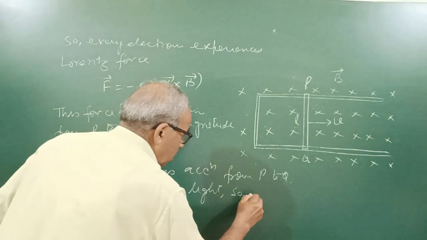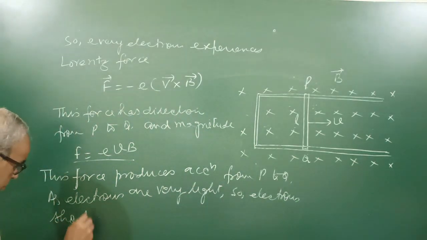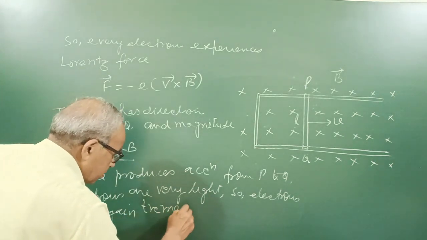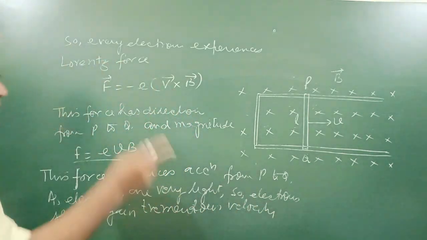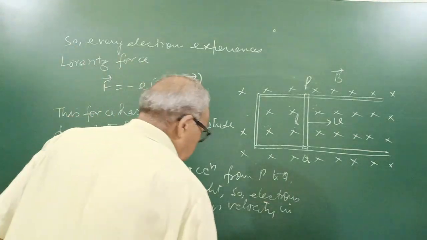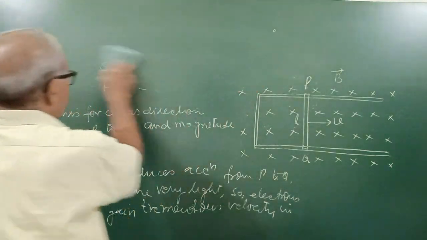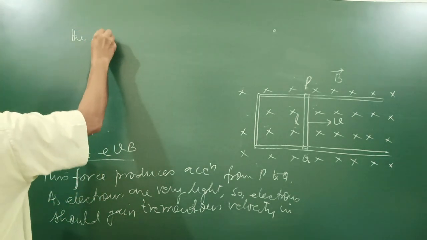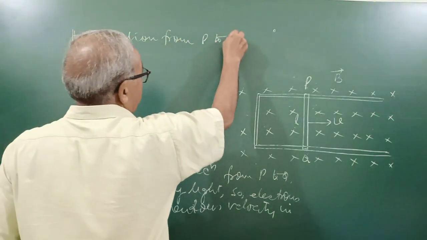So electrons should gain tremendous velocity in the direction from P to Q.